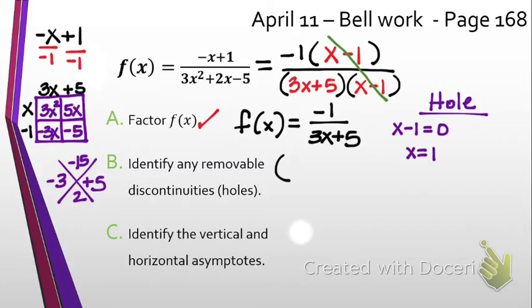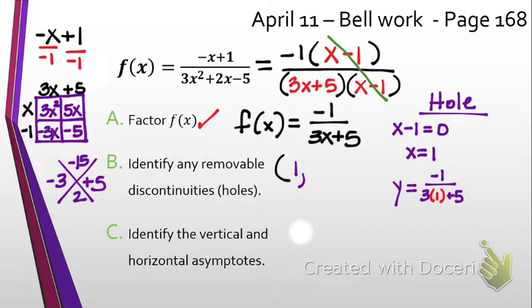Now to find y, I want you to take that 1 and substitute it into this equation right here. So I'm actually going to write that below. Okay, so we got a 1. And now to find y equals, we're going to use this equation right here and put the 1 right here. So it becomes negative 1 over 3 times 1 plus 5.